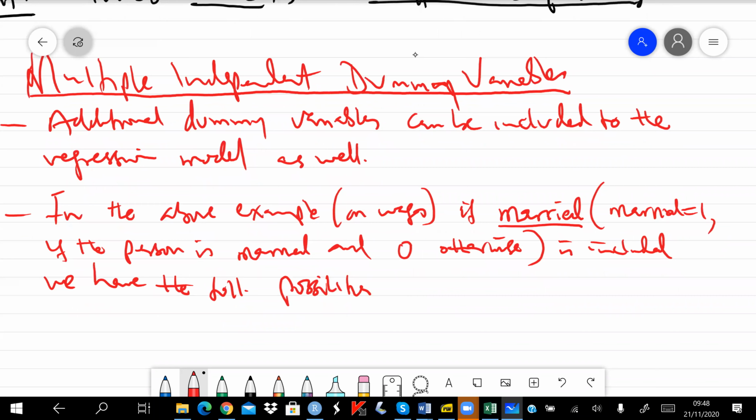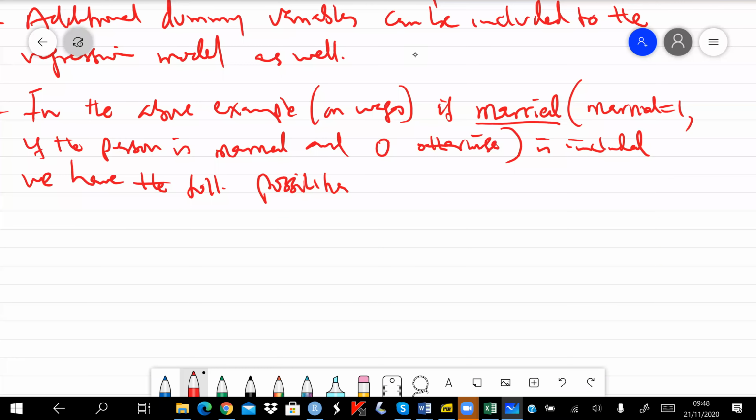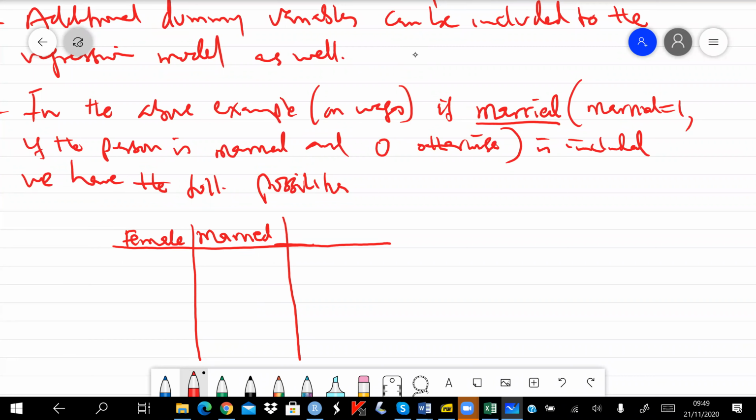So let's summarize, there are 4 possible interpretations. We have the first dummy variable called female, then another dummy variable called married.